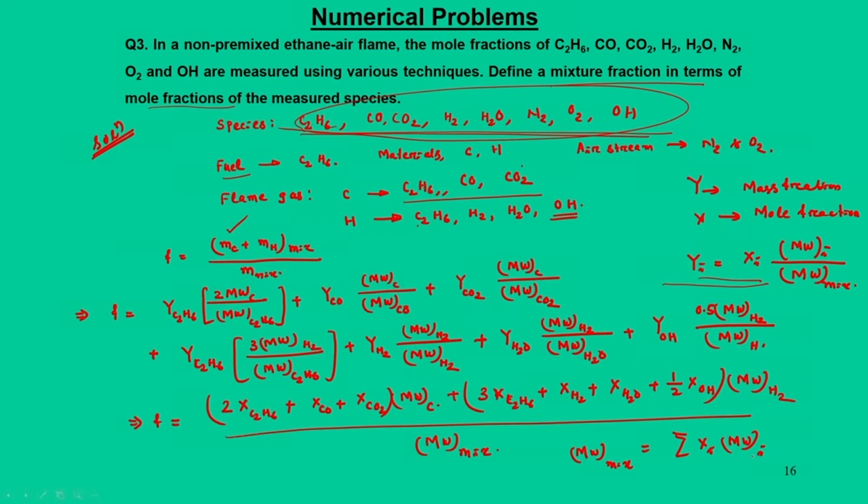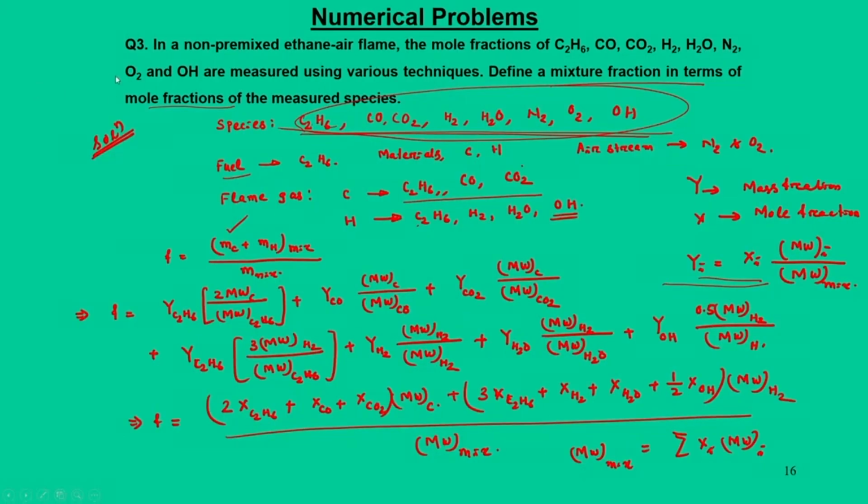This is how we define the mixture fraction, which is basically a conserved scalar, in a non-premixed ethane-air flame which contains C2H6, CO, CO2, H2, H2O, N2, O2 and OH. So this is all about module 7. With this we conclude this lecture as well as this module. Thank you for your attention.